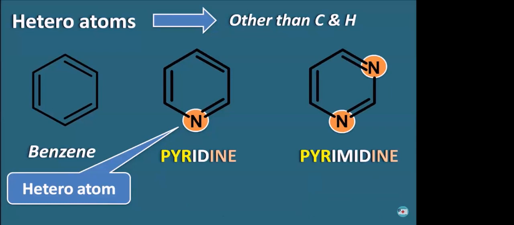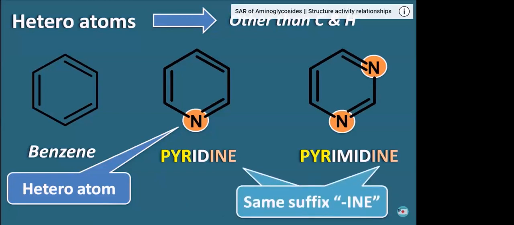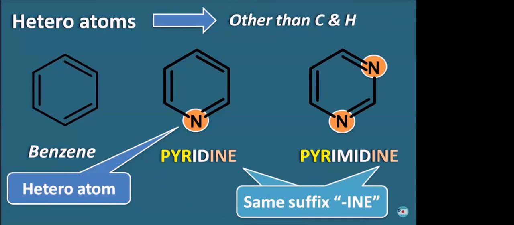If you carefully observe, both of these rings have the same prefix 'pyr' and the same suffix 'ine'. So we can remember the heterocyclic rings by using a few prefixes and suffixes. In this video we will see how we can remember them, and the possible suffixes as well as the prefixes present for the heterocyclic rings.